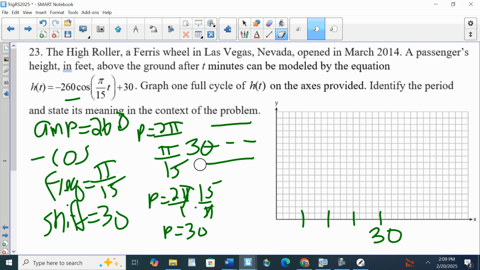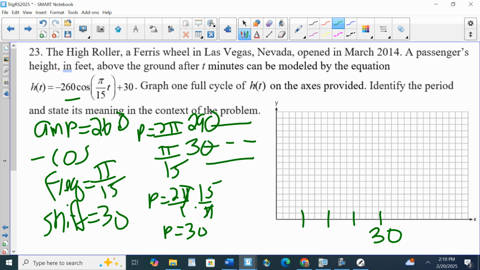Fix that mistake quick. 30 plus 260 is 290. And that's not right.